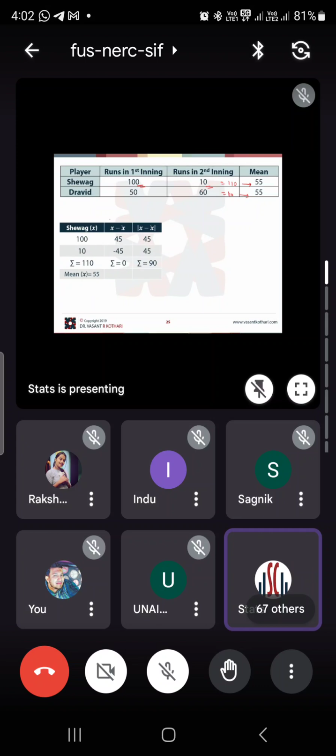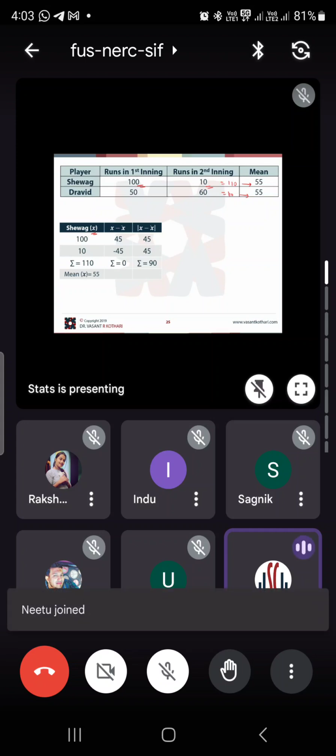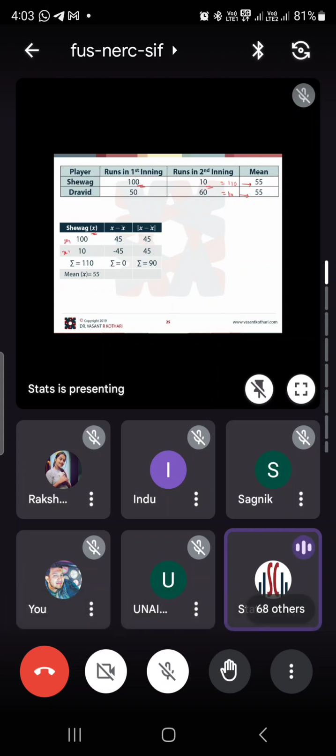Now for Sehwag we'll call the variable x. So this is your x1 and x2. This sign stands for summation, means total. So total is 100 plus 10 is equal to 110. And this is x bar.